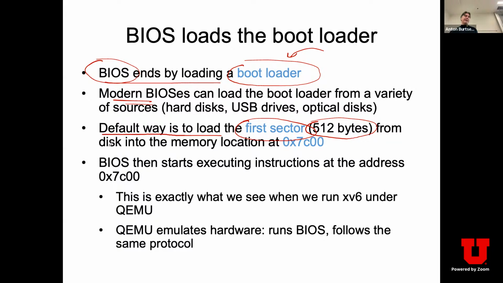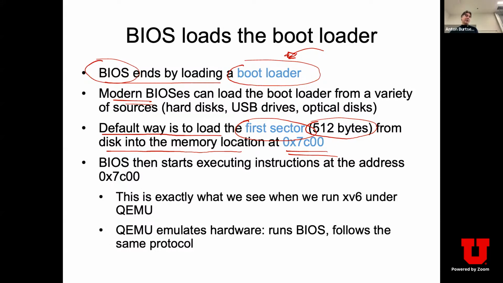The convention is that it will load this first sector into memory at address 7C00, and it will just start executing instructions from there. So if you want your bootloader to get loaded by the BIOS, you just copy it into the first sector of the disk, and this is how you get control of the boot chain after that.